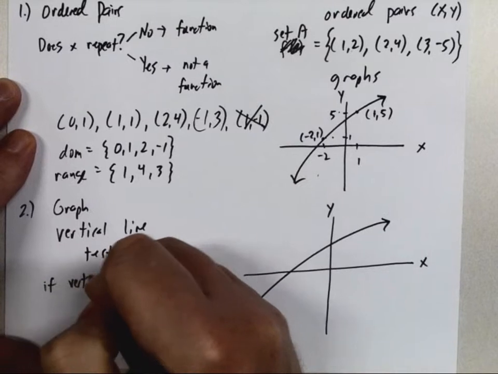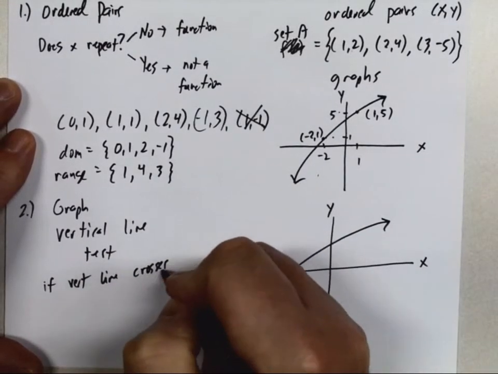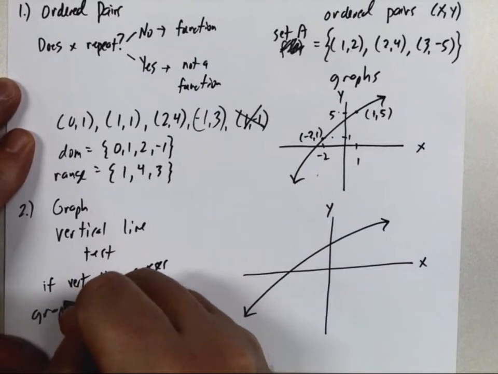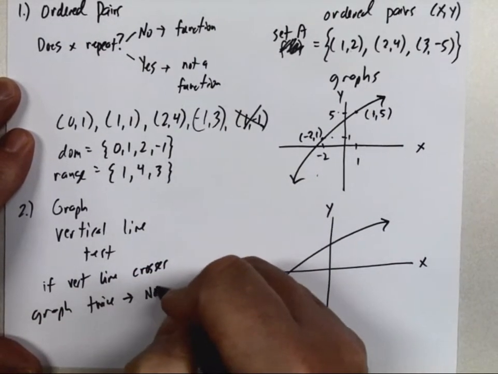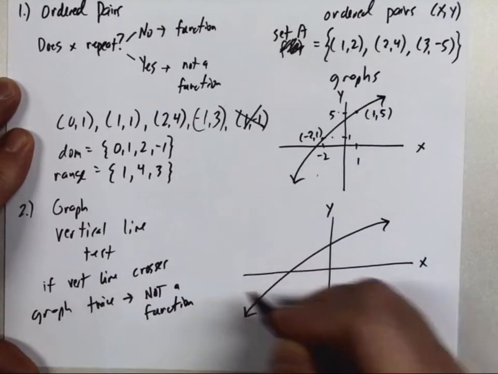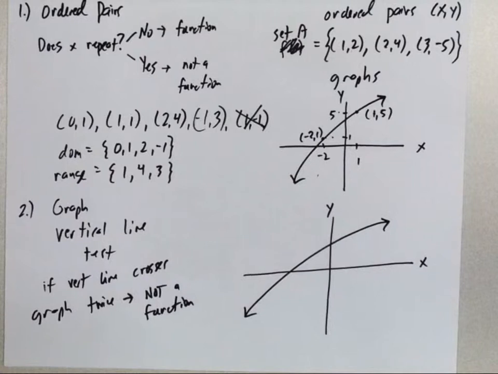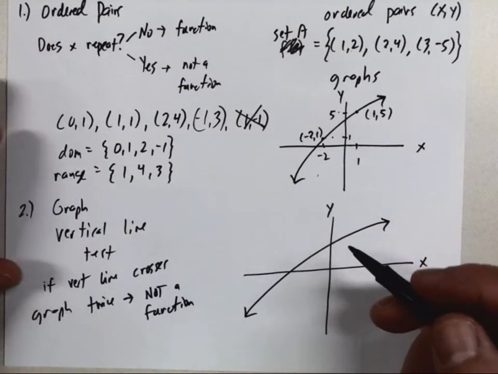If a vertical line crosses the graph twice, not a function. So if I think about this one here, I'll actually draw the lines. I start over here.